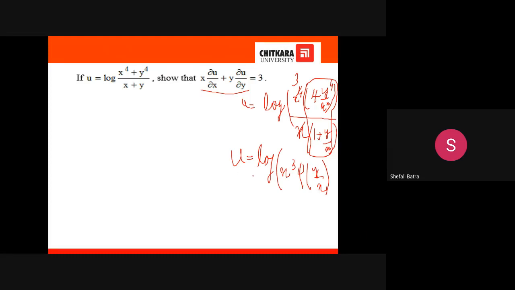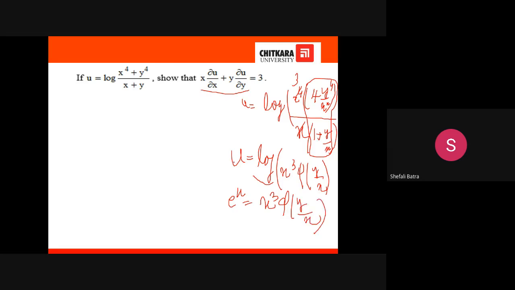Why? Because log is creating a problem. If log is not there, then you can say that u is a homogeneous function with degree 3. Right now log is creating a problem. So what I'll do is write, taking exponential on both sides, e power u is equal to x cube function of y by x.